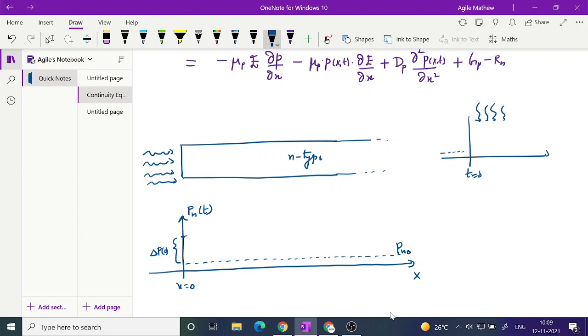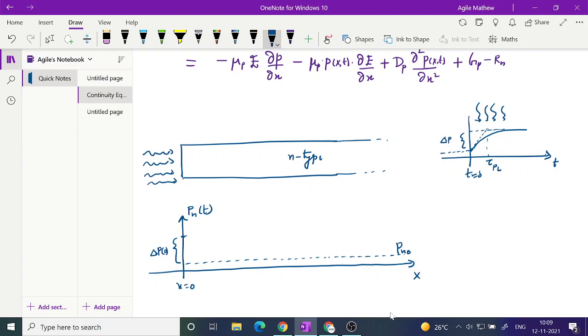So initially the concentration was like this, and then with respect to time it increases, and then it reaches a steady state value. And the length scale in this time is basically what we call tau PL, right? Tau PL is the lifetime of the holes. Okay, so there was a transient, and then it reached this value.